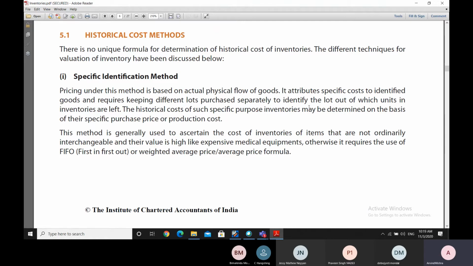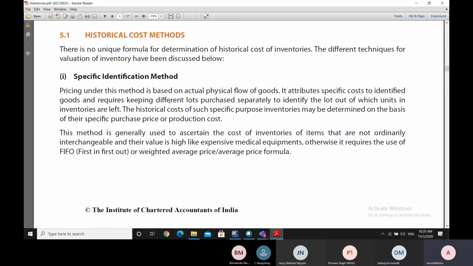So, to identify the lot out of which the unit in the inventories are left. So, what we do here is that the physical flow of the goods is being regulated here. We identify the goods by their lots. We divide the goods lot-wise and we keep lot-wise under various separate places in our storage.